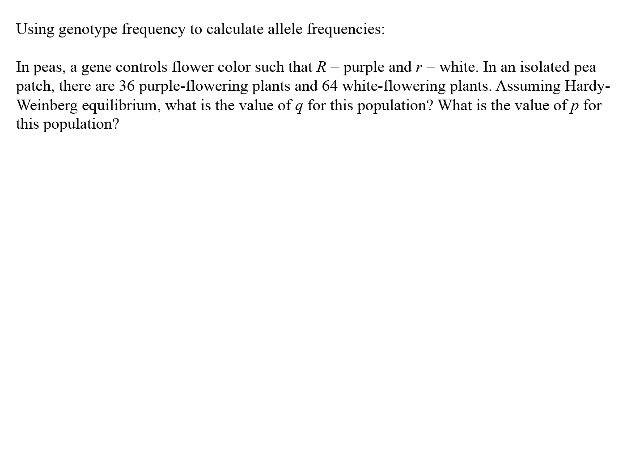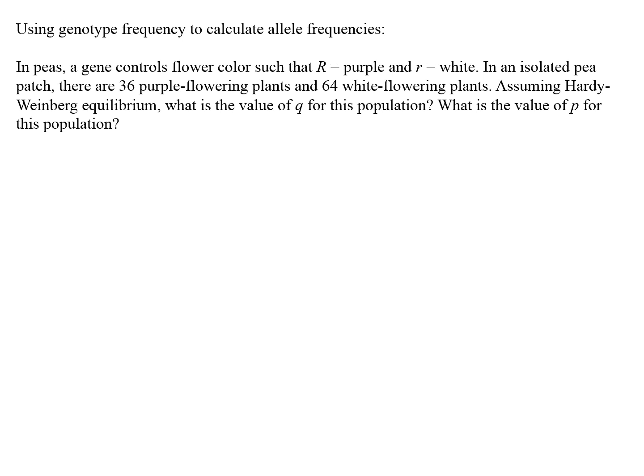Okay, so let's start with a problem where we know the genotype frequencies, and we can work through how we can use those to calculate the allele frequencies. So here we've got a population of pea plants, and we're looking at the color of the flower, and that is coded for by a gene that we can have two variants of.